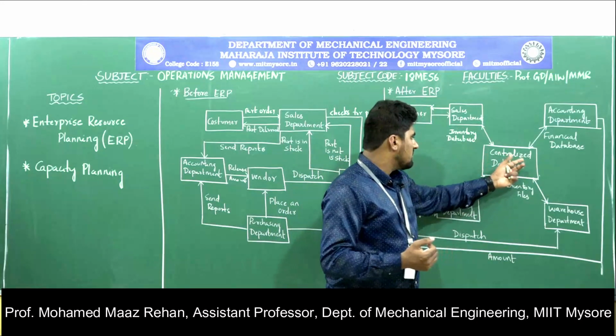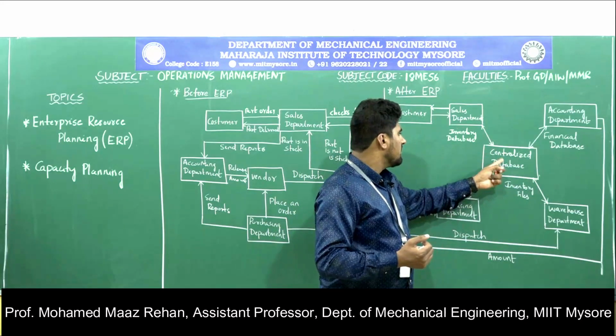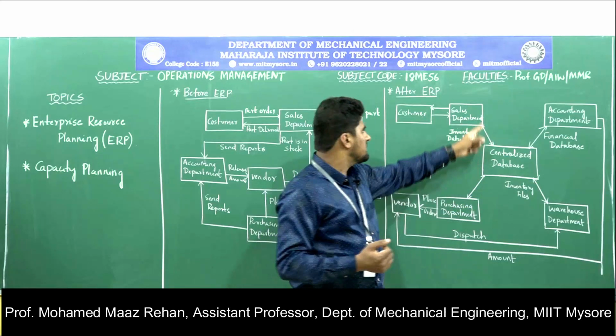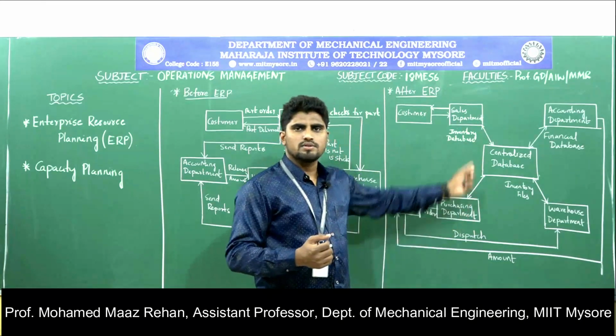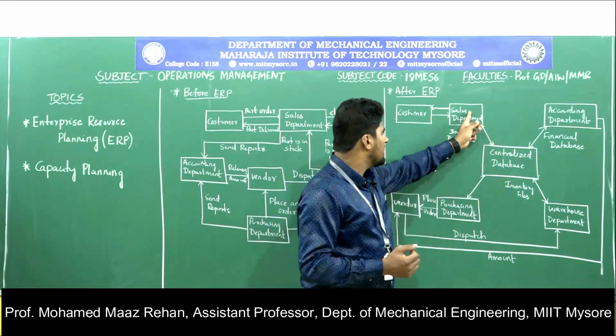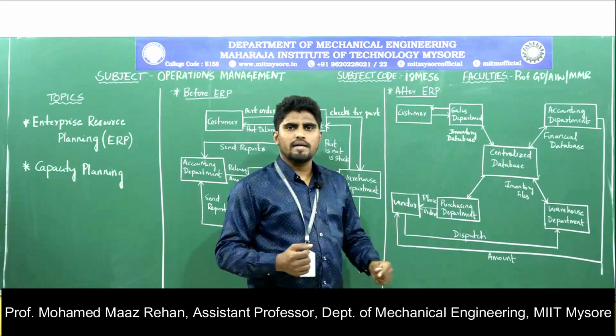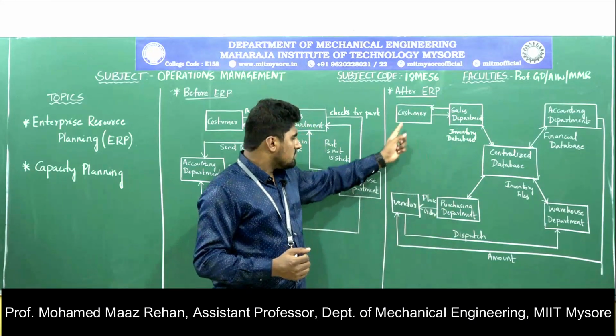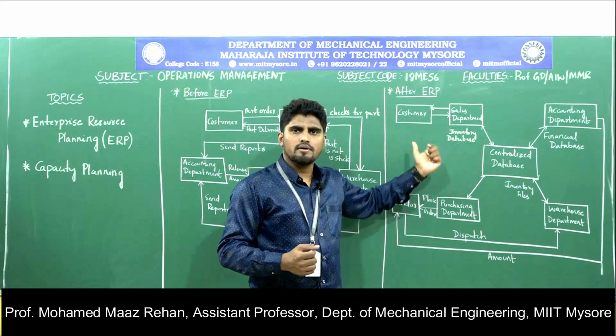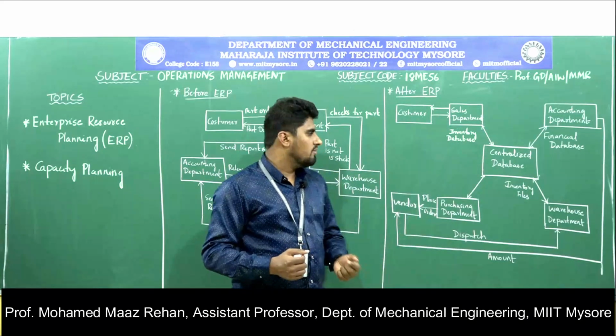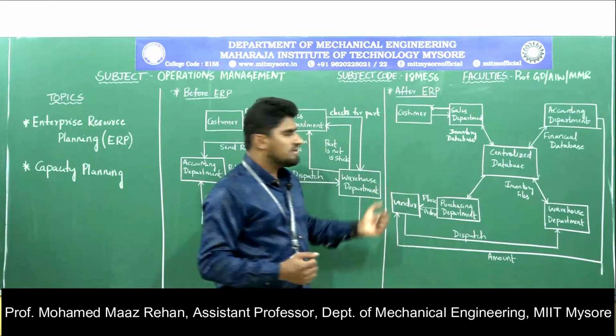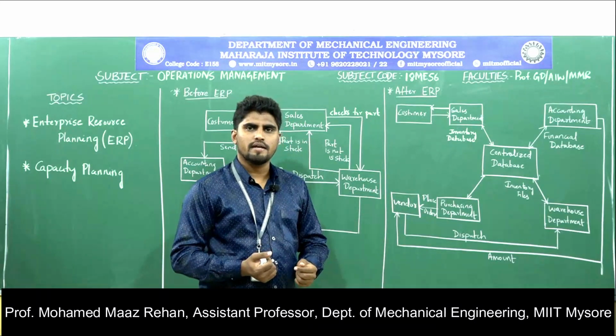Once that is updated, it will send a message to the sales department telling that so and so product is available. Then again the sales department will intimate to the customer that I am going to deliver your product. See, this is what enterprise resource planning is.